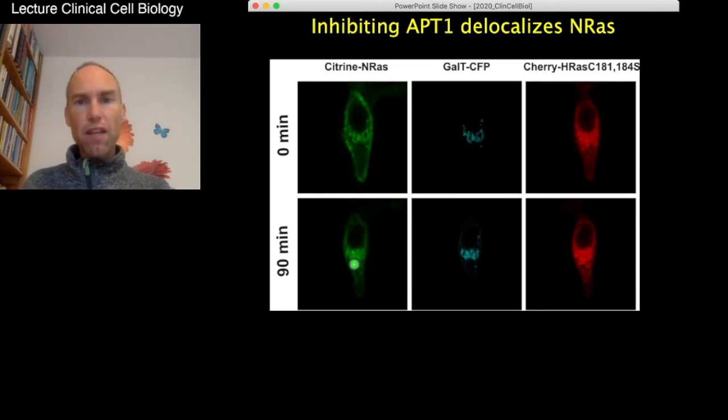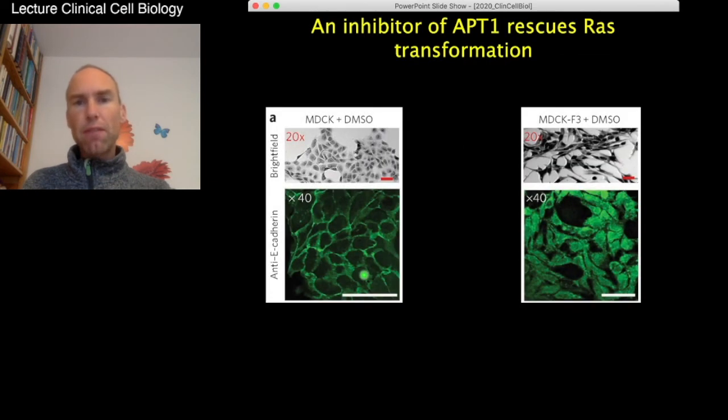And since its activity at the plasma membrane is important, they then argue that this is a nice way to decrease the activity of this oncogene. And to examine that, they did this experiment in which they looked at MDCK cells. So the cells are over here. These are normal cells, and they stained for cadherin, which localized nicely on the cell borders.